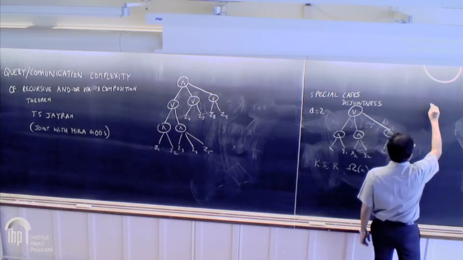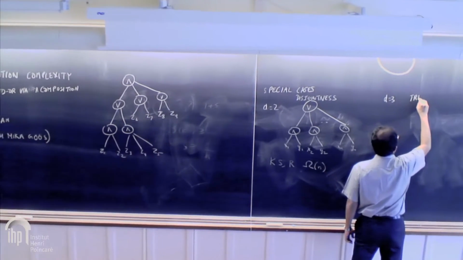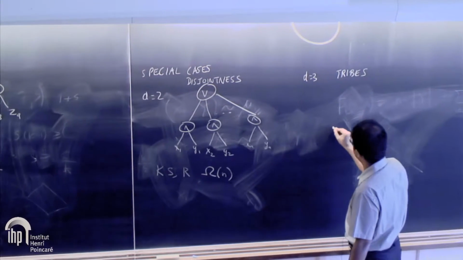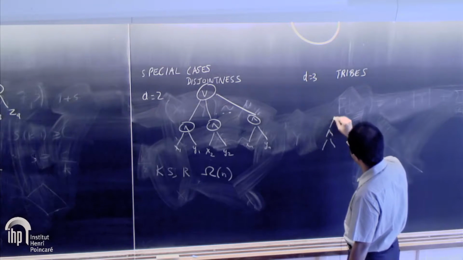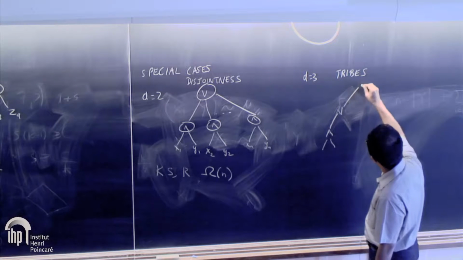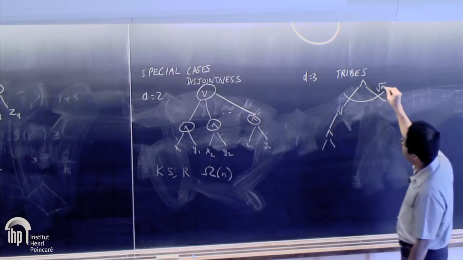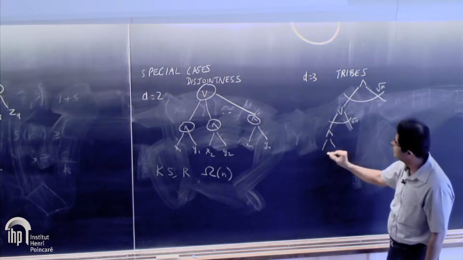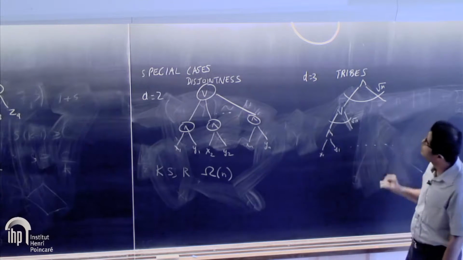Then at depth equals 3, you get something called the tribes function. There again, at the bottom level there are two things, and I'm looking at a case where you have a fan-in of root n, another root n approximately, and x1, y1, and so on.